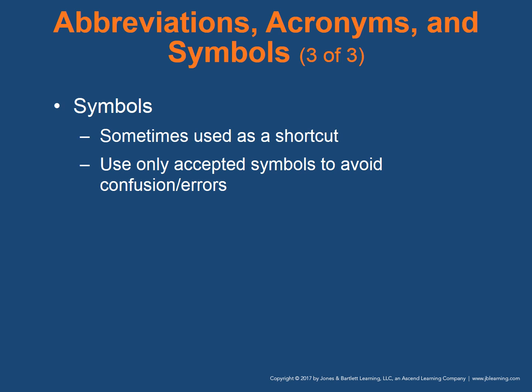All right, so last but not least would be symbols, sometimes used as a shortcut, just like the abbreviations as well. Some examples of symbols would be an up arrow or a down arrow for increased or decreased, just a slash for negative. Maybe even the drawing of the female or male sign.